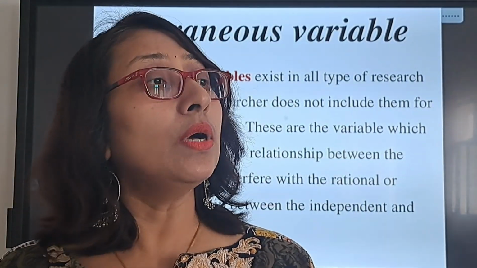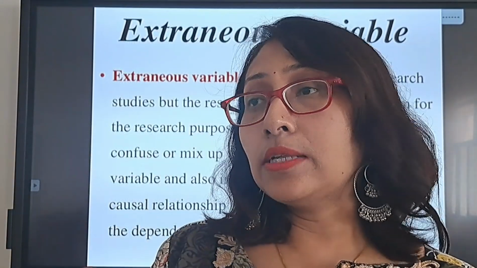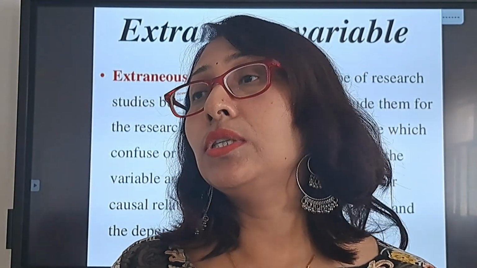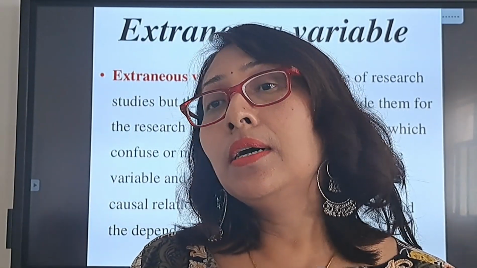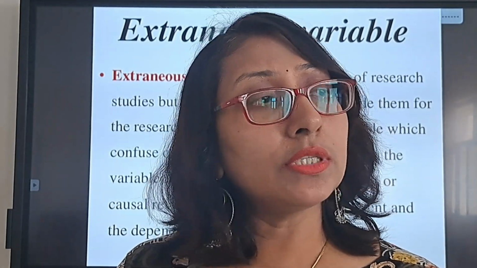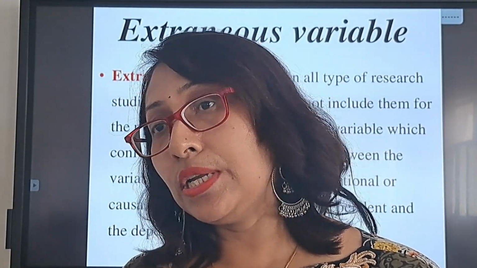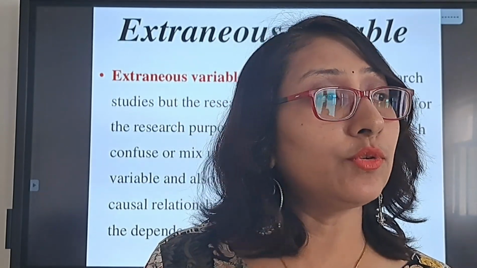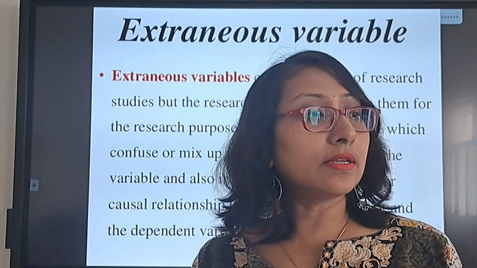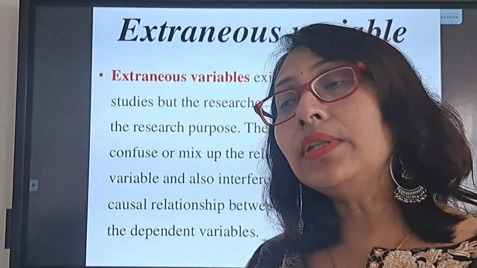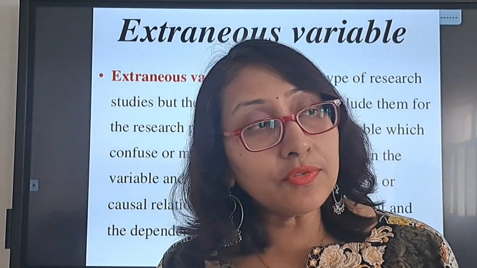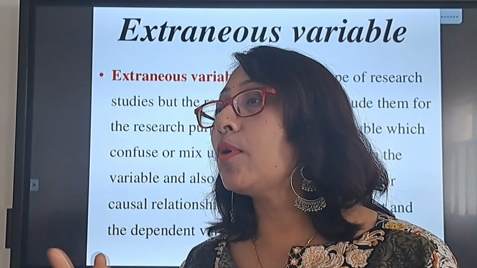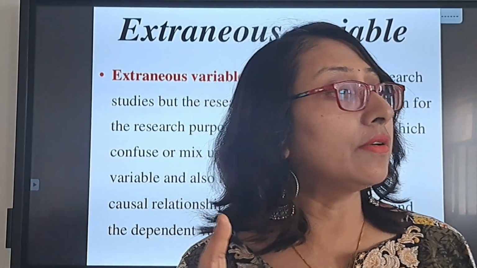So you can say now that significant association or positive association is present between the post-test level of knowledge scores and the extraneous variables. So this is what we have to find out. What are extraneous variables? The variables which are not within our control, but they interfere and they confuse the results between the relationship of dependent and independent variable.